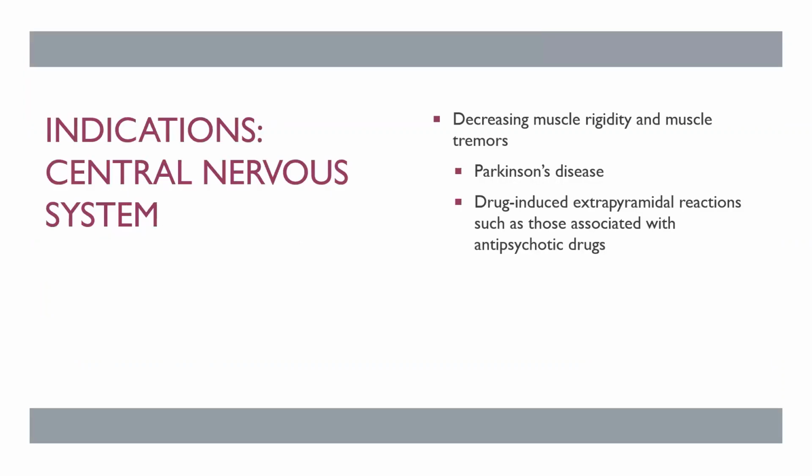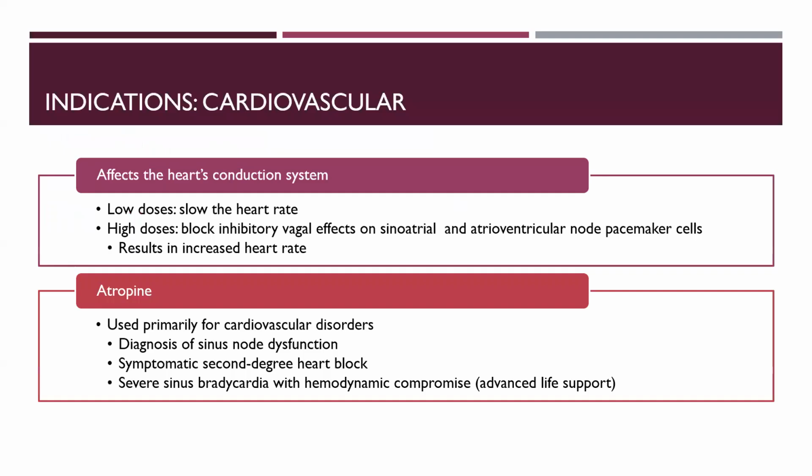So some of our indications for the central nervous system would be things like decreasing muscle rigidity and muscle tremors, so things like Parkinson's disease, and drug-induced extrapyramidal reactions that are usually associated with our antipsychotic drugs, which we'll talk about more when we get to our psychotic drugs. Cardiovascular affects the heart's conduction system.